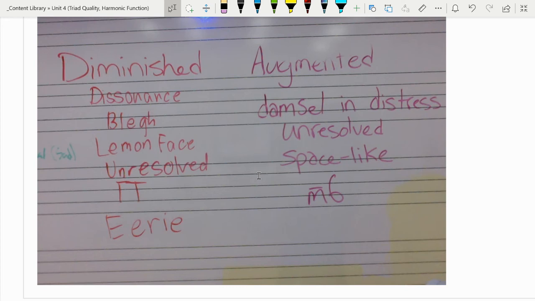The outer voices of that root position triad form a minor sixth, but it's written as an augmented fifth, which is why we call it an augmented triad. Depending on how it resolves, whether that fifth resolves down, we have this damsel in distress on the train tracks. If it resolves down, she gets saved.